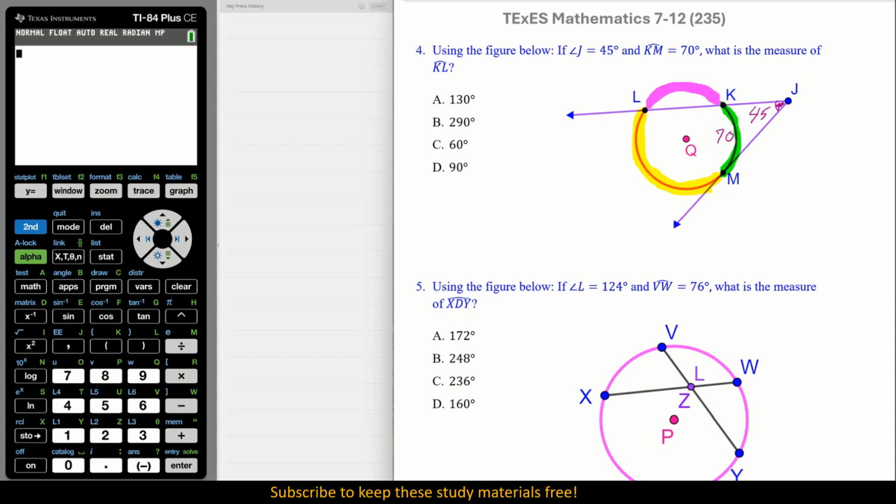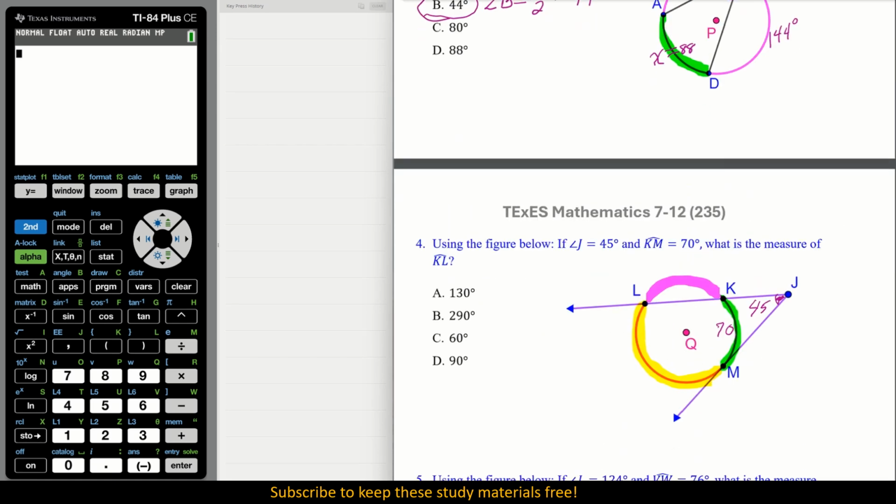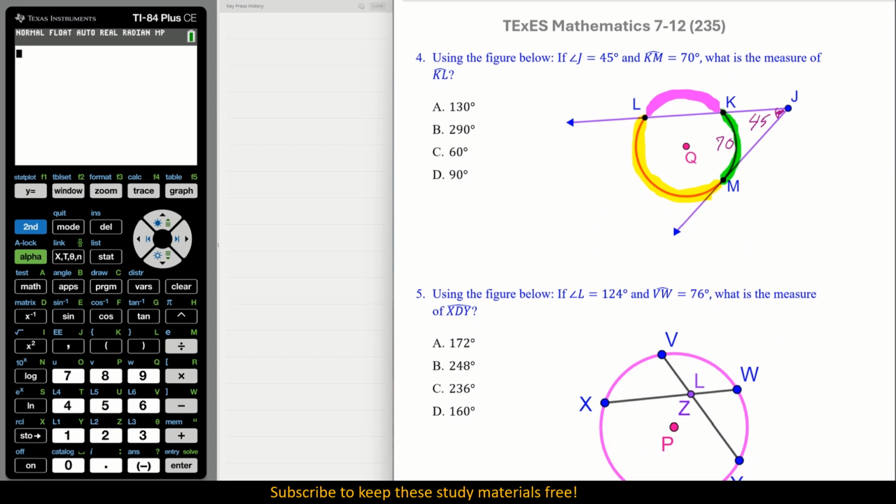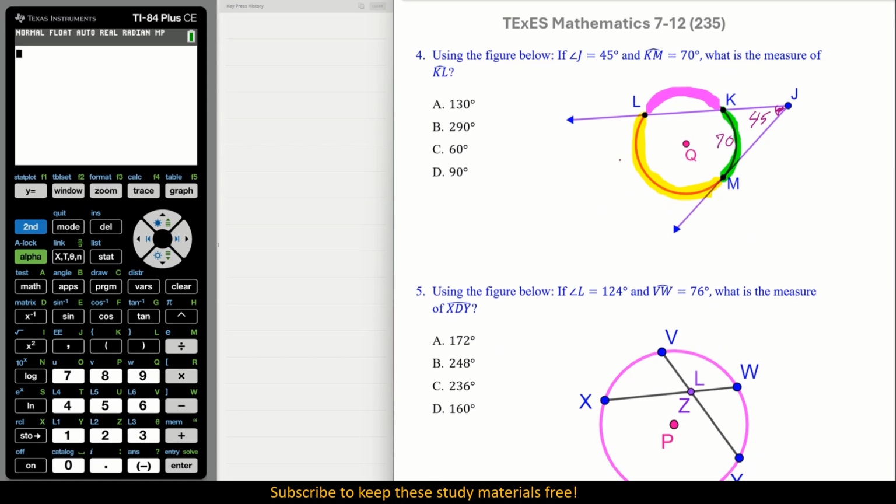Okay. So what do I really need to do? Well, I have a way of finding the yellow arc, and we will call that X. So let's go ahead and call that guy X. So we'll use the same method we were using before. We have X minus 70.